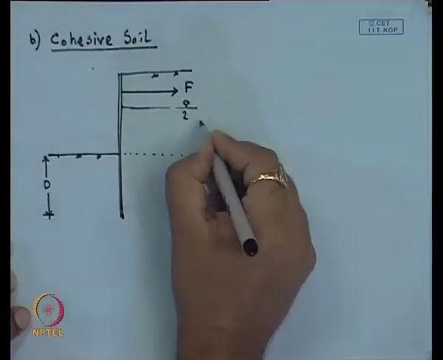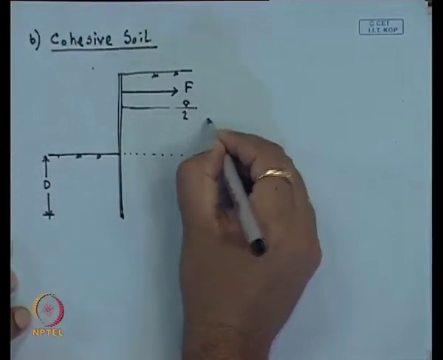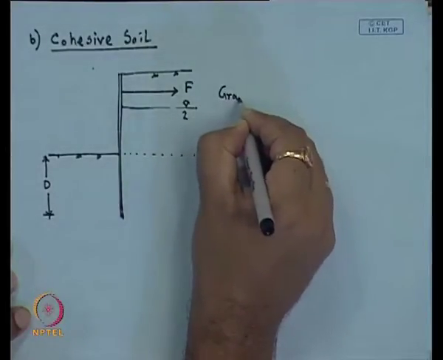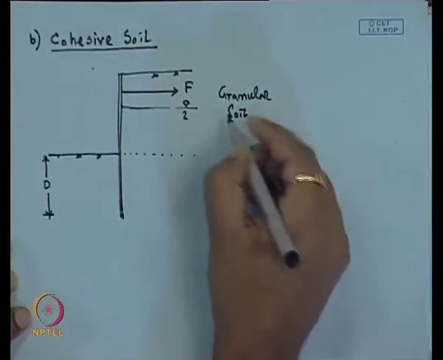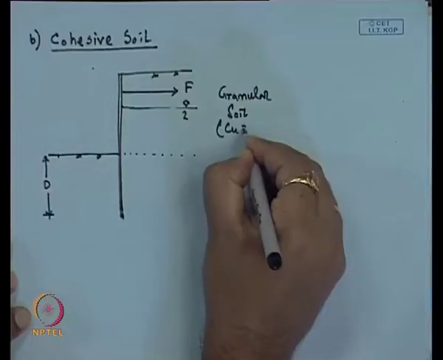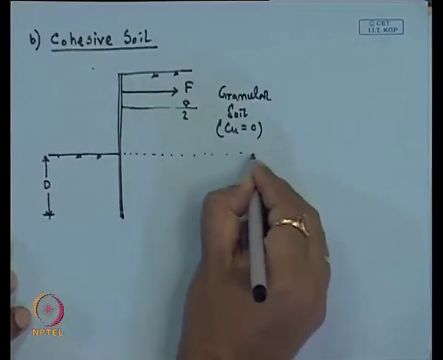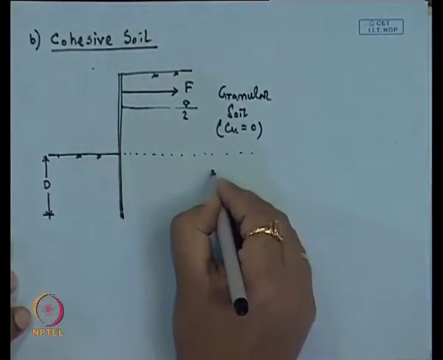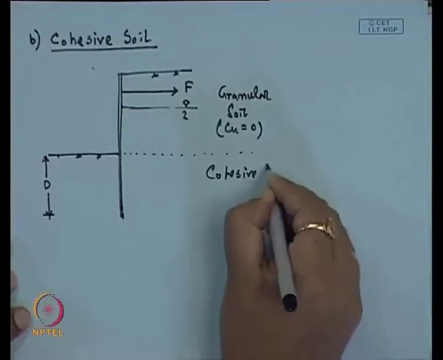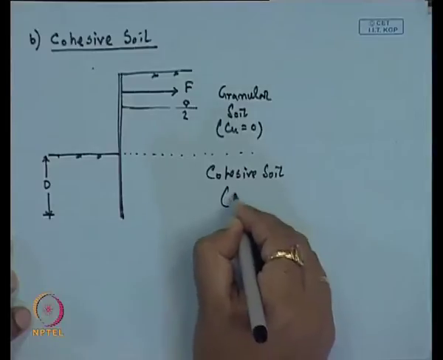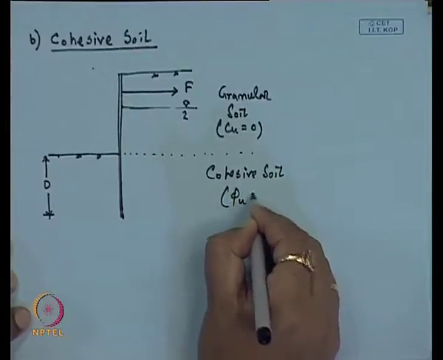Here we consider that the fill soil is granular soil, where we consider Cu is 0, and the soil below the dredge level or foundation soil is cohesive soil, that is phi u is 0.